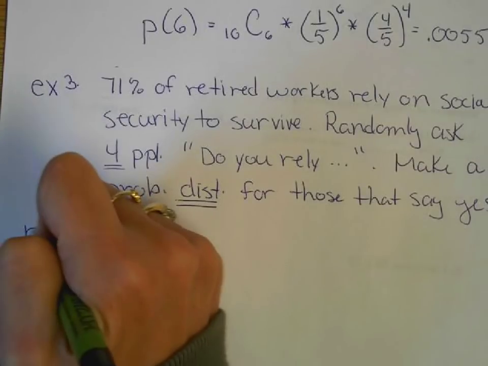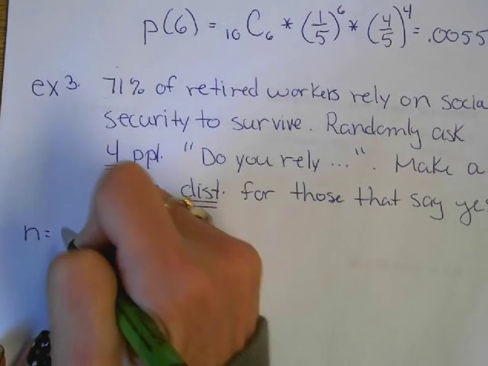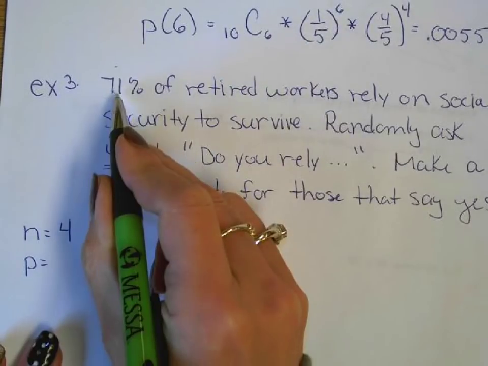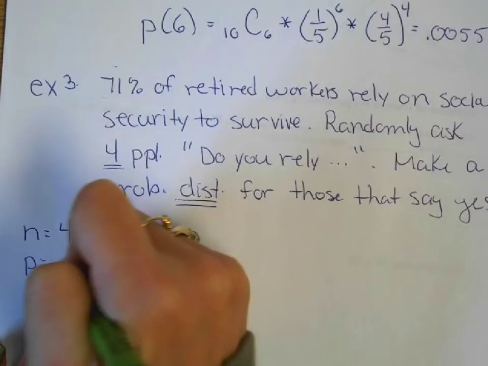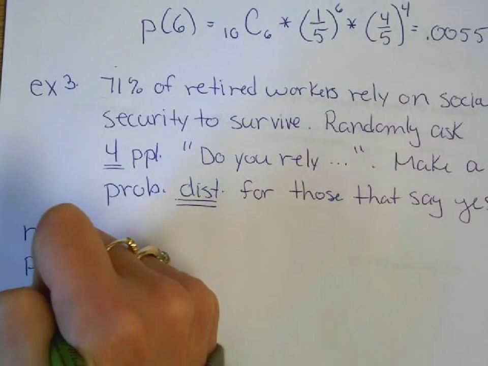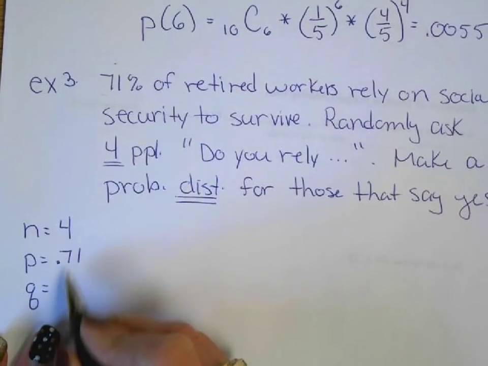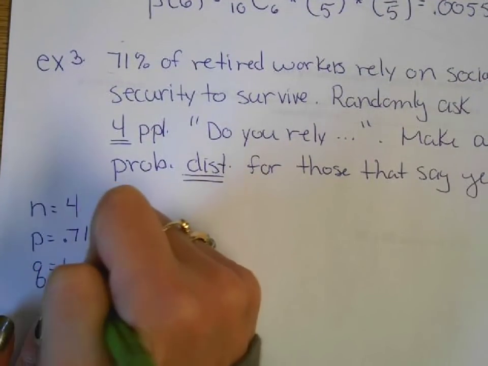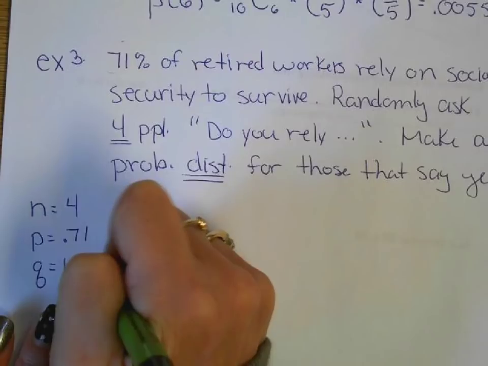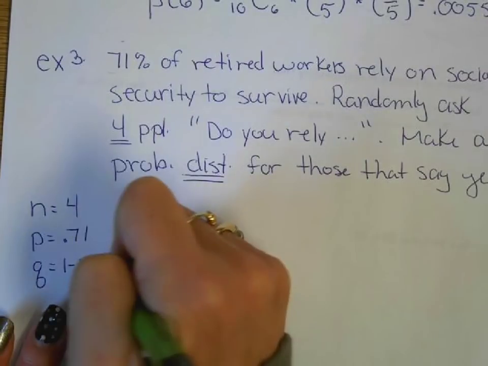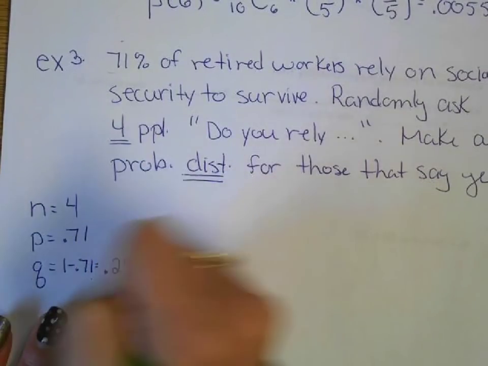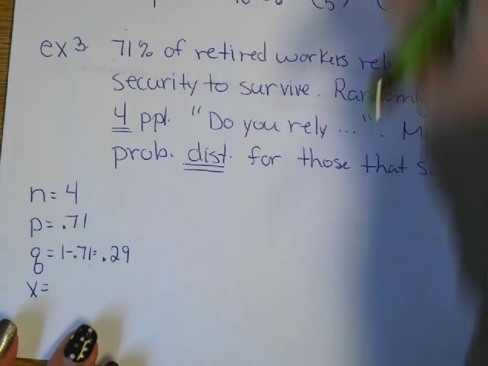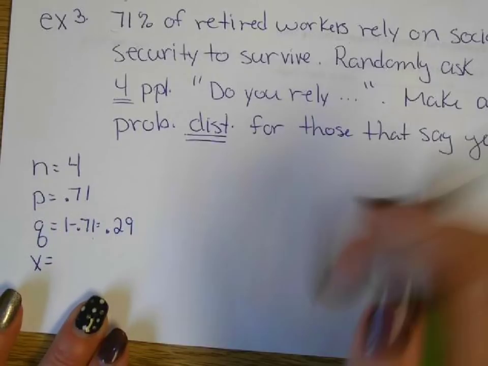So n is 4. Probability of success is 0.71, 71%, which means our Q value, P and Q, remember, have to add up to 100%, success and failure, so it's 1 minus 0.71, which is 0.29. And then X, the number of successes. In other words, how many people could say, yes, I rely on Social Security?